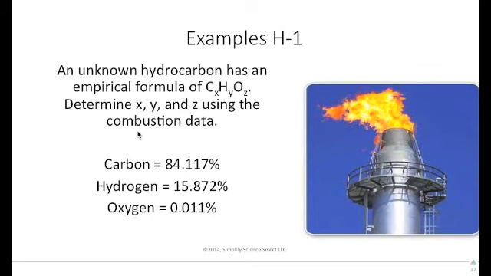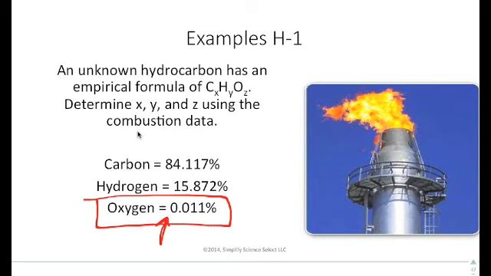So we look at our first example. It says you have an unknown hydrocarbon that has the empirical formula of CxHyOz, and it says determine x, y, and z using the combustion data. Okay, so the first thing that you've got to do here is convert all of these things to grams. Whenever you have something that looks like this, it is an extremely small amount of oxygen.